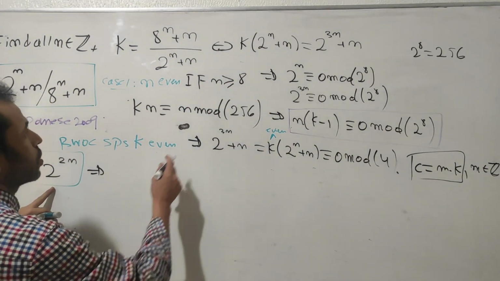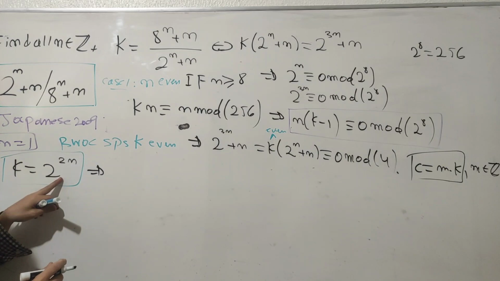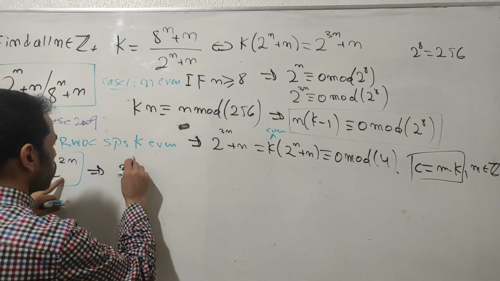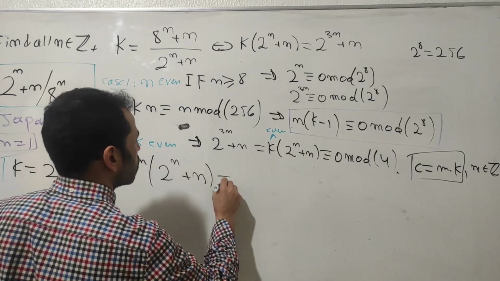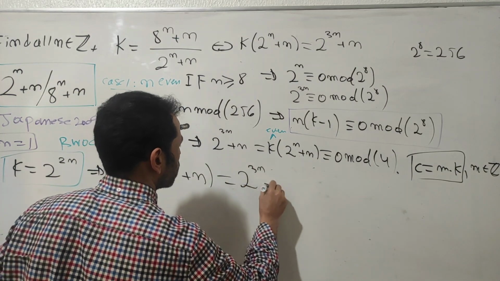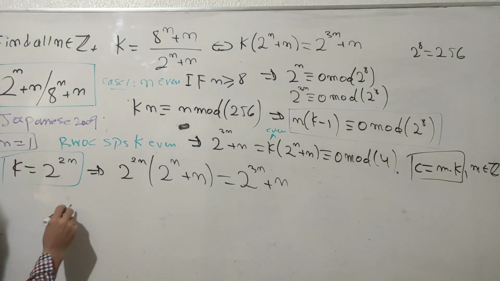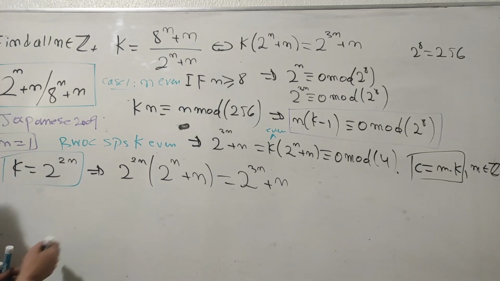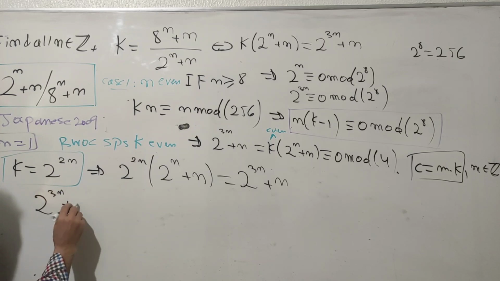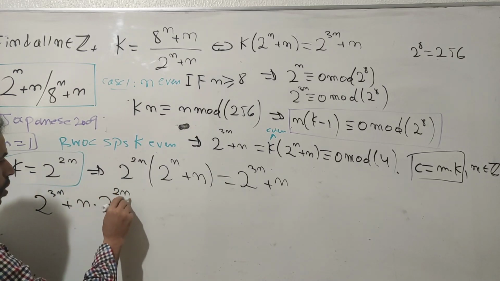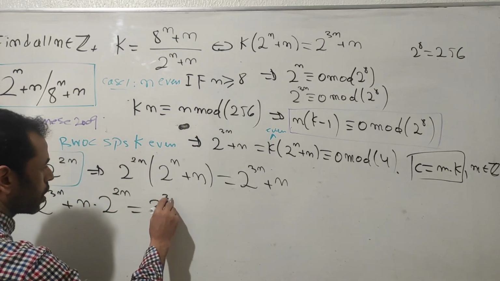So I got the following. K will be replaced with the power of 2 to the 2n. So I get 2 to the 2n factor 2 to the n plus n, which equals 2 to the 3n plus n. I'm going to distribute this one out. I get this one is going to multiply by this one. I get 2 to the 3n plus n multiplied by 2 to the 2n, which equals 2 to the 3n plus n.